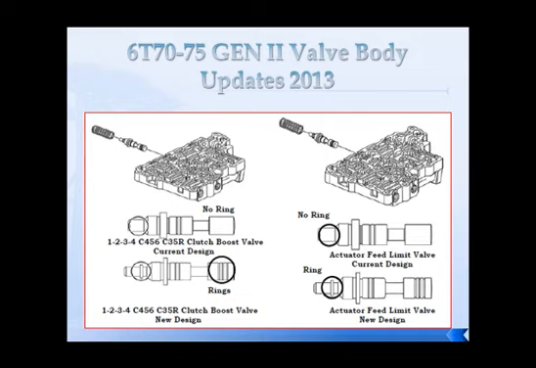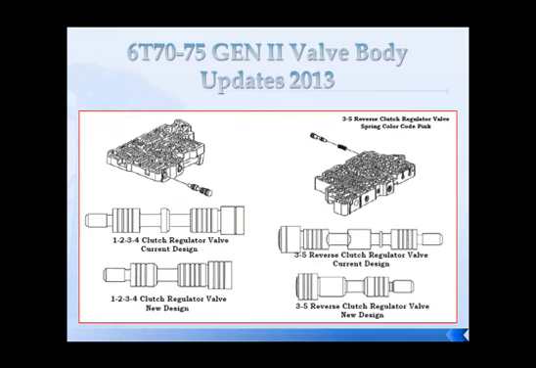Actuator feed limit valve, first design and second design. 1-2-3-4 clutch regulator valve, first design and second design. 3-5 reverse clutch regulator valve, first design and second design. So as you're seeing, every one of these valves within this transmission has changed.